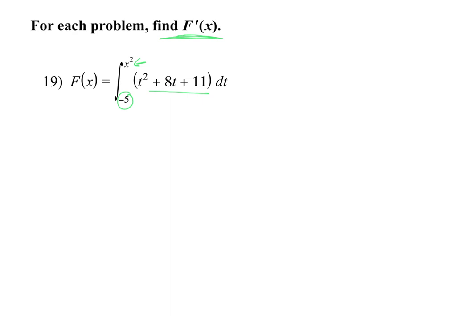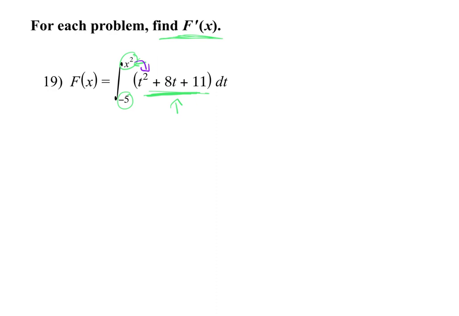What happens here is I end up plugging in that x squared, because if I take the antiderivative of that and then take the derivative, I'm going to end up with this function, right? But they want me to do it from one number to a function. So I really just have to worry about what happens when I plug that function in, because the antiderivative says plug it in and subtract, right?